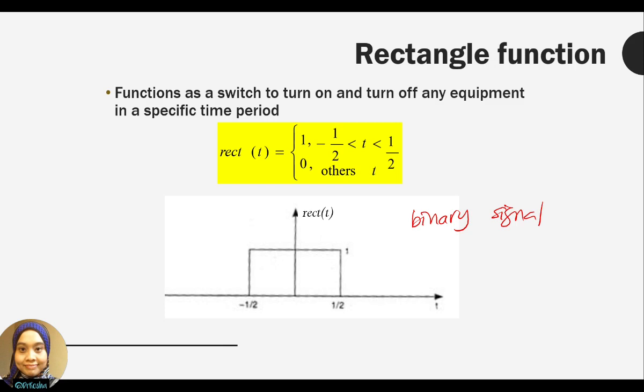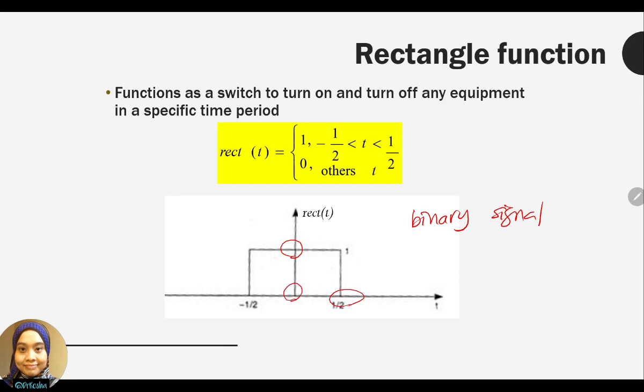In electrical or electronics, whenever you use a switch, especially in a digital system, you may have this type of signal to represent it, and how you make it on and off is based on how you design the system. Whenever it's on, the amplitude may become 1, and when you want to switch it off, the amplitude will be 0.